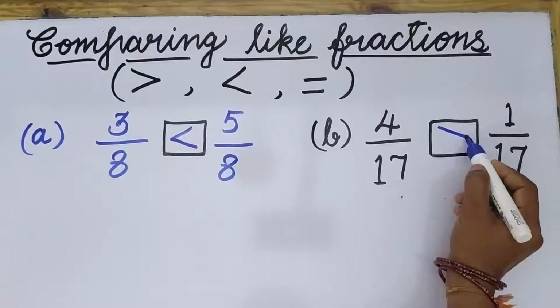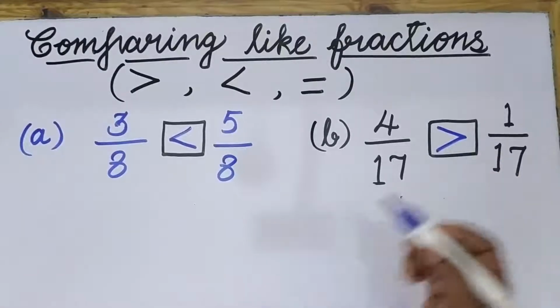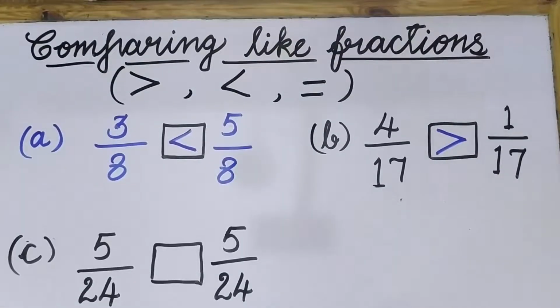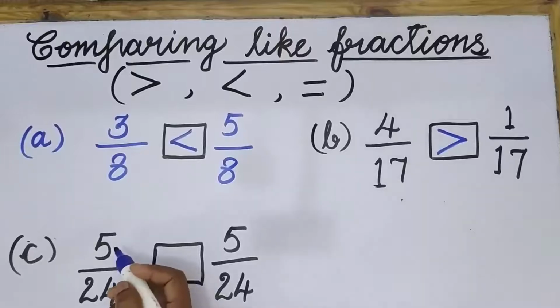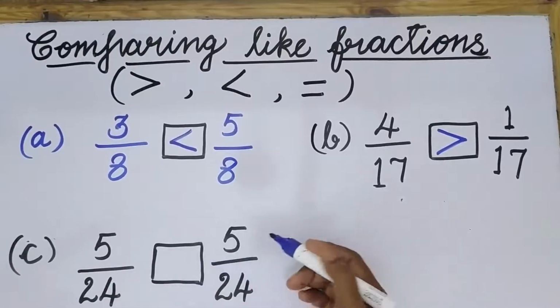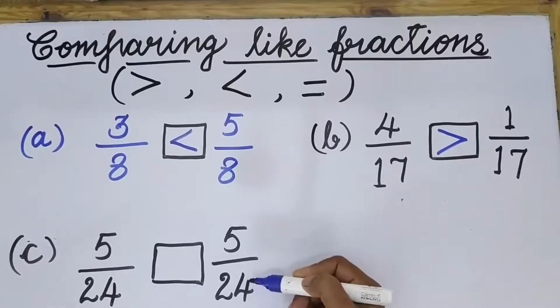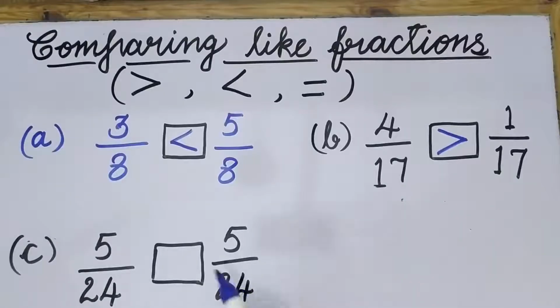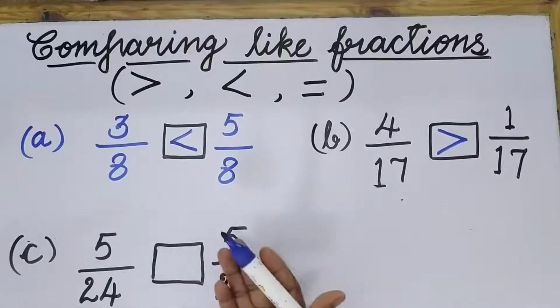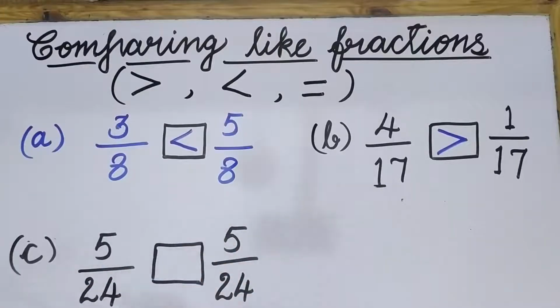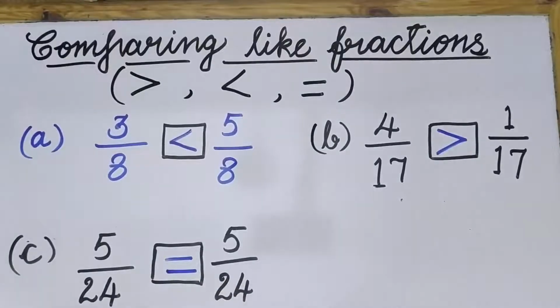Now take these fractions, 5/24 and 5/24. The denominators are the same, like fractions, but check the numerators. They are also the same. That means both fractions are equal. So we use the sign equal to.